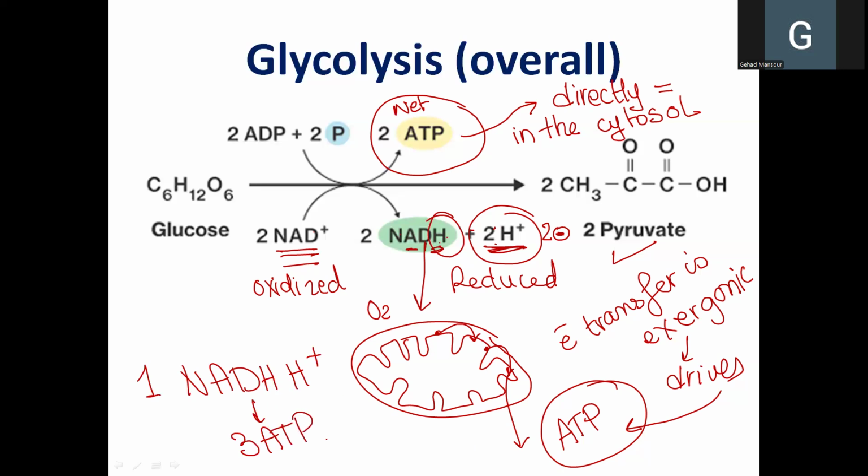And when we say indirectly, we mean through the electron transport chain. So if you have 2 reduced NAD molecules, then you will obtain 6 ATP molecules.